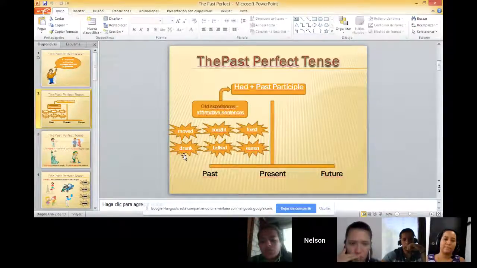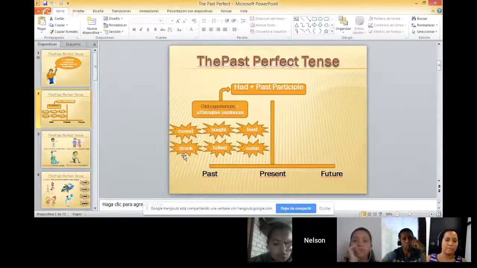Whenever you learn a verb, do not only settle for learning or identifying the present form, because eventually you will need the past participle and the present participle form. And it is one of the ways we avoid making mistakes when we use these tenses, okay? Is that clear, everybody?